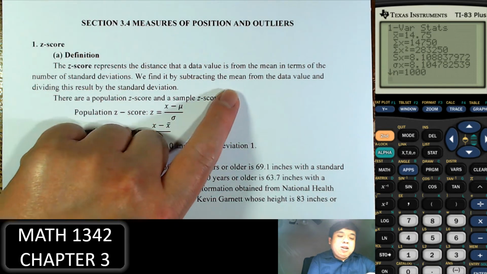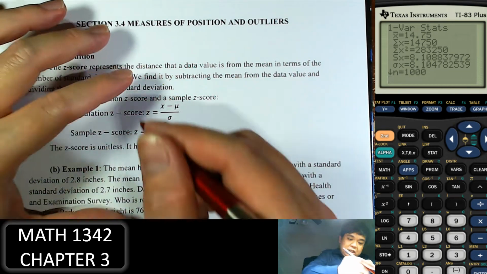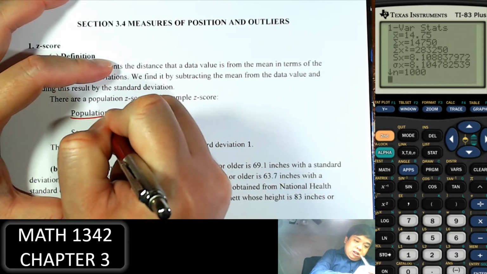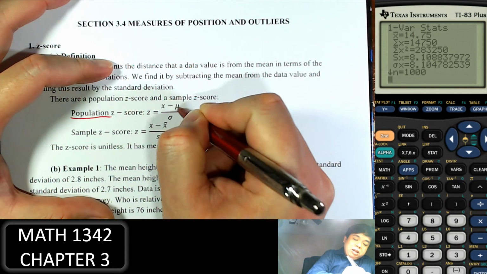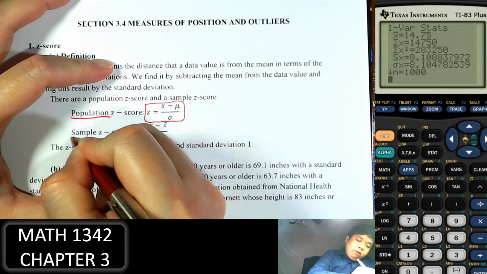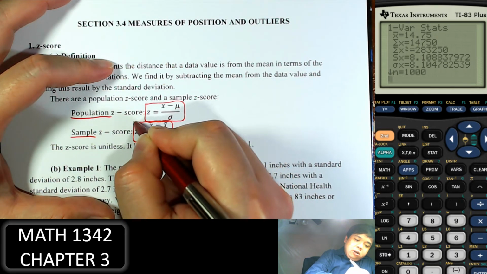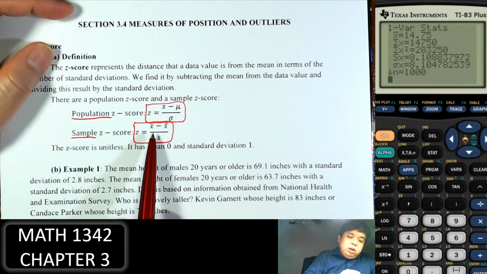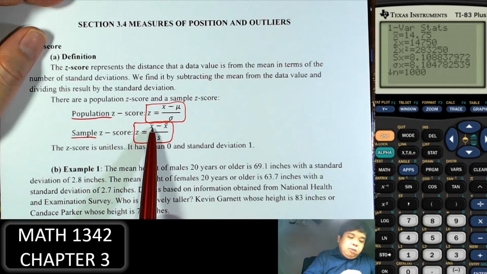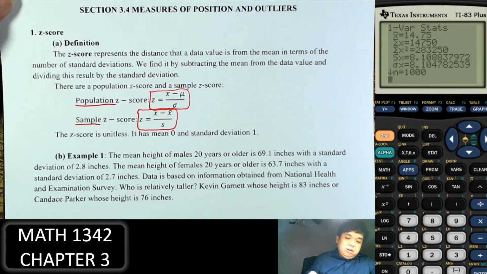We find that by subtracting the mean and dividing by the standard deviation. So the z-score for the population, we use the population mean and population standard deviation. For the sample, we use the sample mean and sample standard deviation.